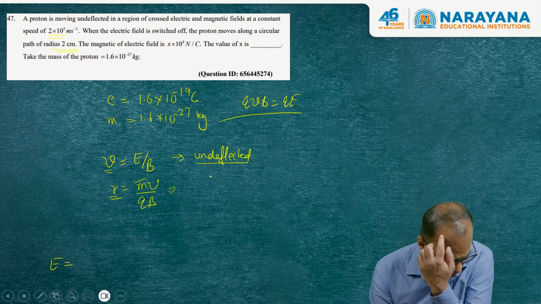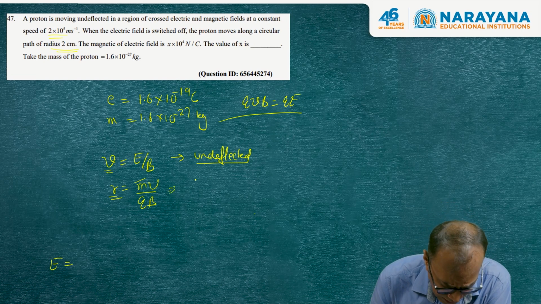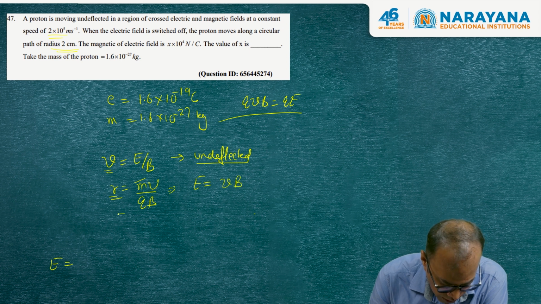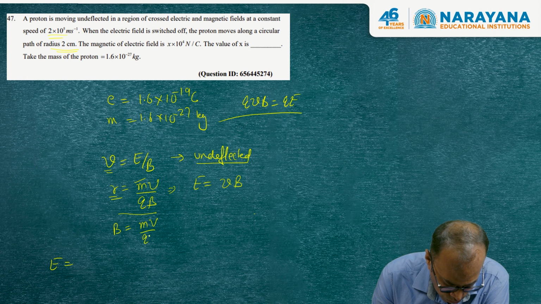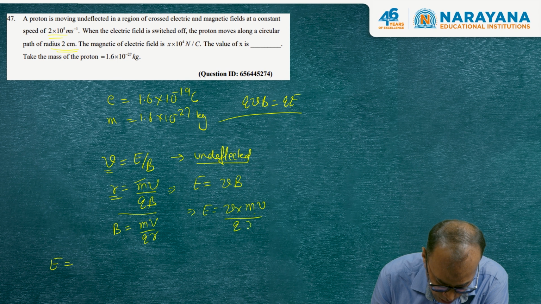I want to find out the electric field. Electric field will be V times B. From here I can find the value of B as mV by QR. So electric field is V times B, and B is mV by Q times R. So it is mV squared by QR.